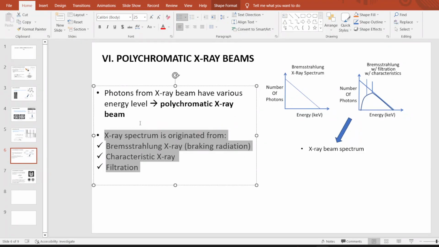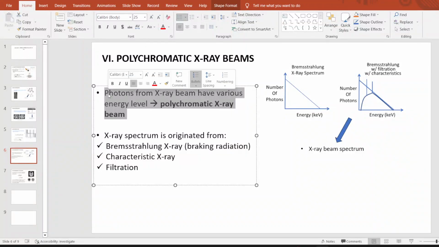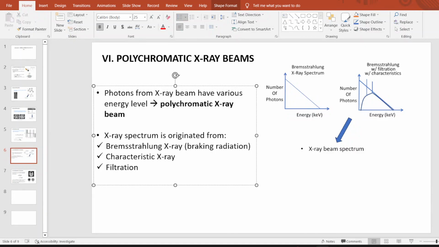The first thing I want you to remember is that the photons from an X-ray beam have various energy levels. This phenomenon is called a polychromatic X-ray beam. The opposite is the monochromatic X-ray beam, which has only a single energy level in the beam.